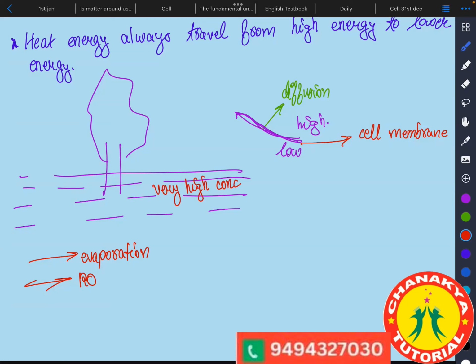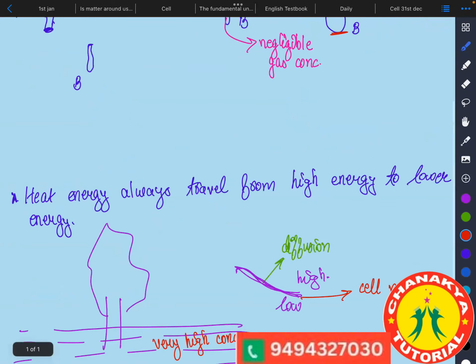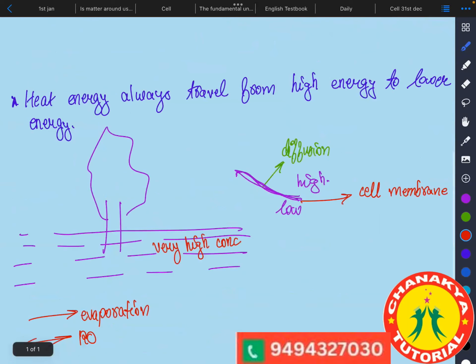So that means the water present outside must flow into the plant cell very rapidly, and increase so much that the cell must burst, isn't it? Yes, sir. But it does not happen. Why? Because the cell wall protects it. Correct. The reason we started discussing this is the cell wall.